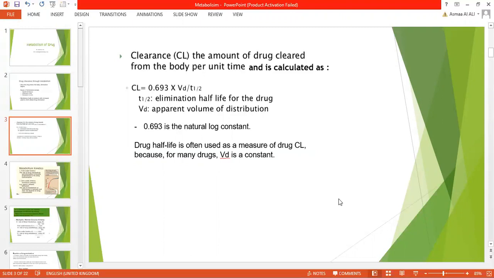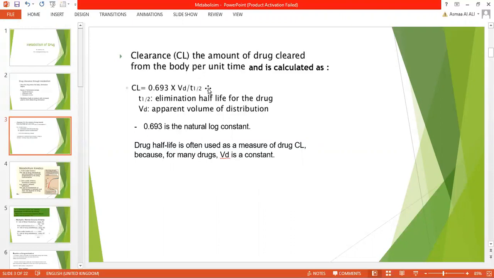And you know, T half is the elimination half-life of a drug. Vd is the apparent volume of distribution, and this number 0.69 is the natural log constant. Drug half-life is often used as a measure of drug clearance because for many drugs, the apparent volume of distribution is a constant.